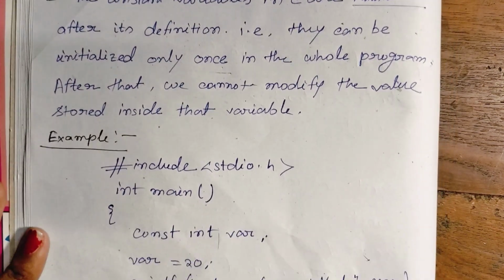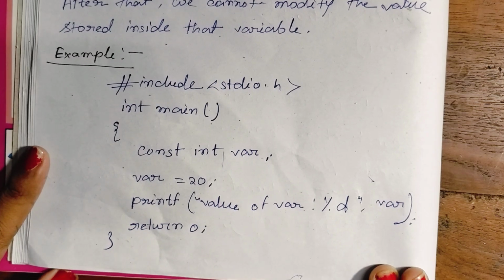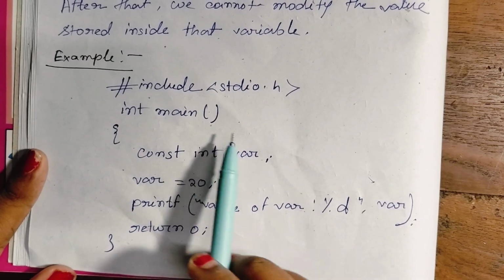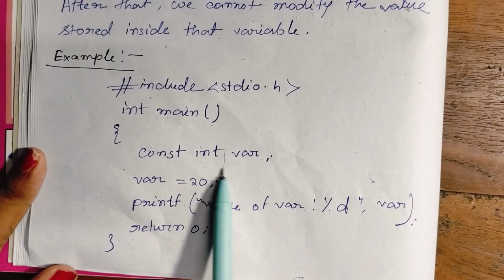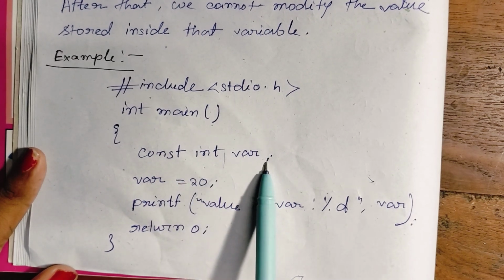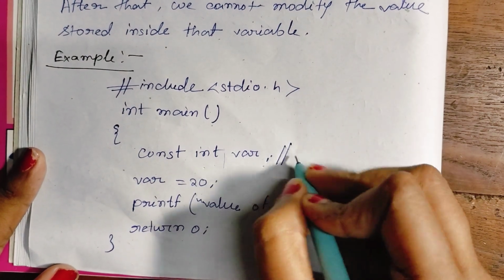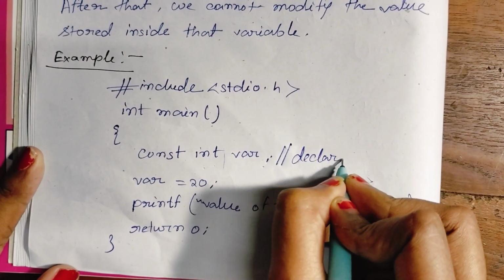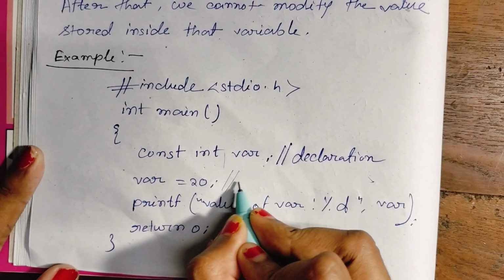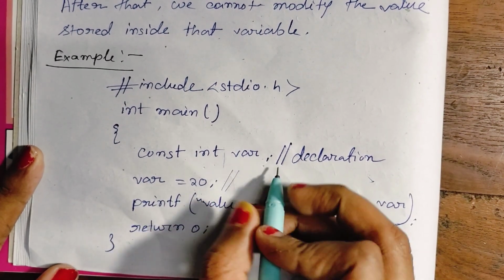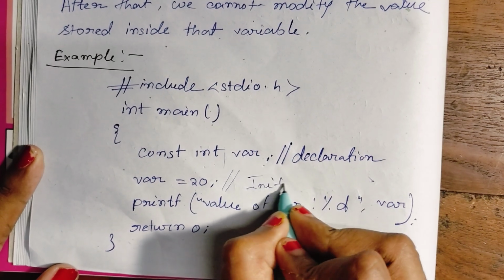Okay, so there is a program for that: #include <stdio.h>, int main. There is const int, the integer data type, then the variable. This is called declaration. After that, there is variable initialization.